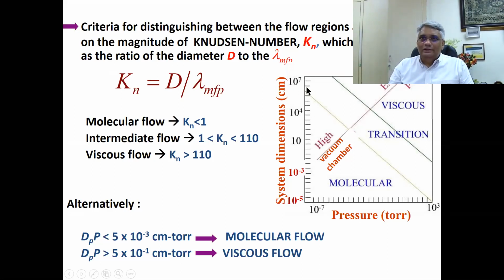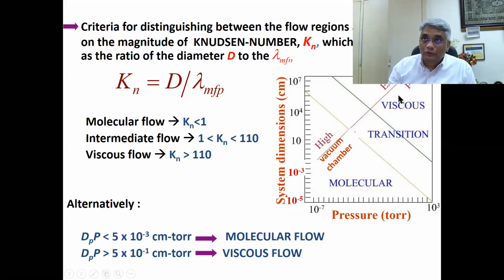Now, if you look at this plot here, the system dimensions as a function of pressure, you have the vacuum chamber on this side, right? That is the low pressure, high vacuum side, and the high pressure side on the other side. So the vacuum chamber is on this side. That means as you remove the gas molecules from here, you create high vacuum.